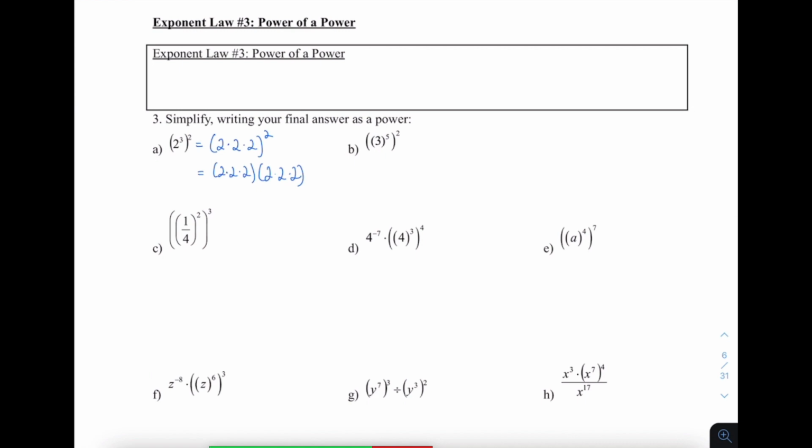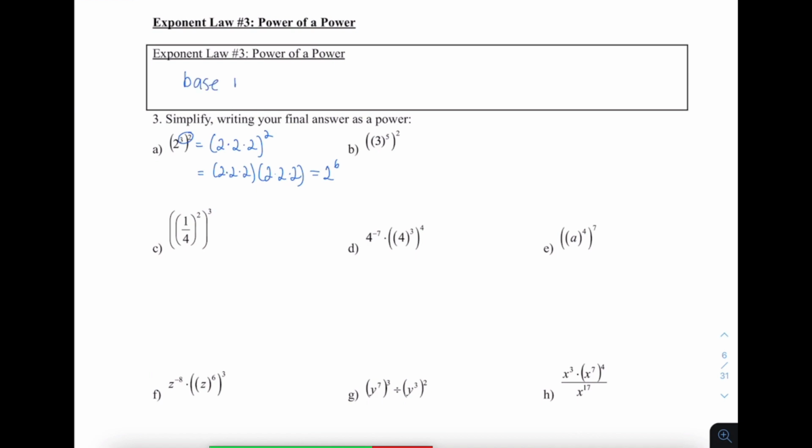In the end, we have 6 2's. And if I look back at the original question, I could see that actually what I would be doing is multiplying these two exponents together to get that number, because it represents the total number of repeated multiplications.